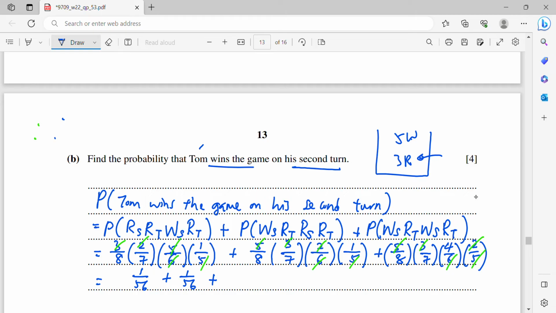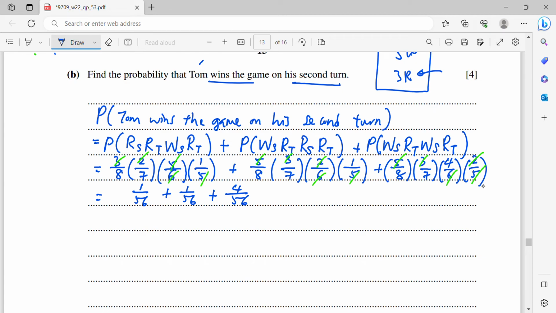So I'll get 4 over 56. So at last, you are getting 6 over 56, and simplify it to be 3 over 28. So that's the probability that Tom wins the game on his second turn.